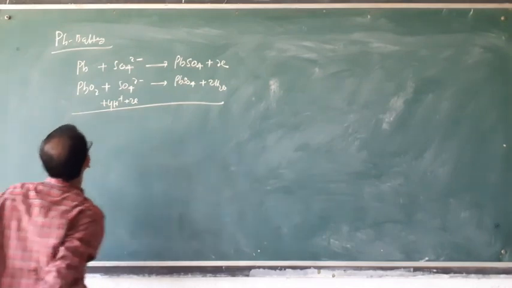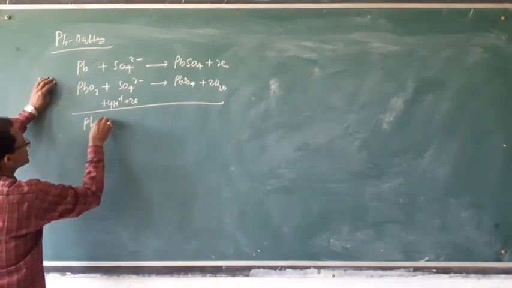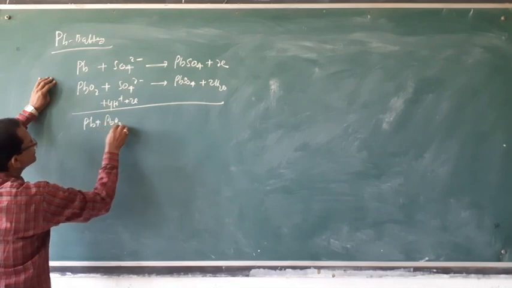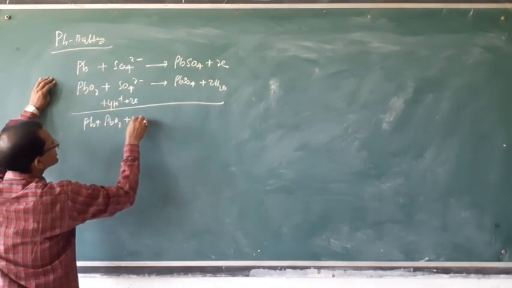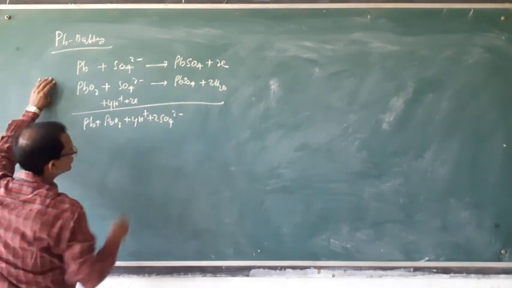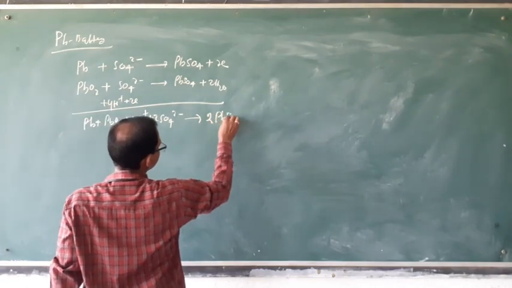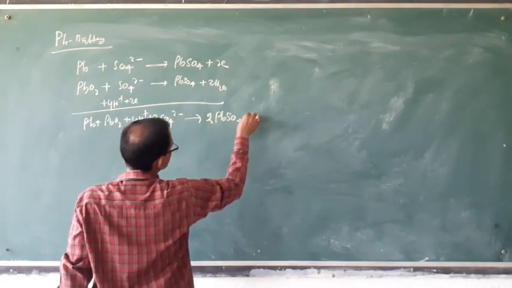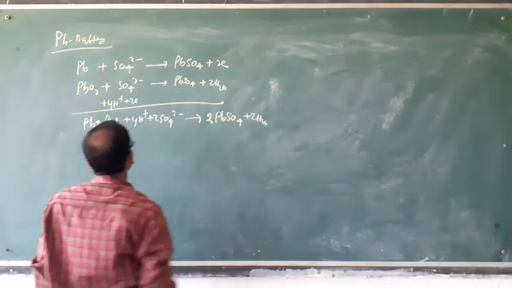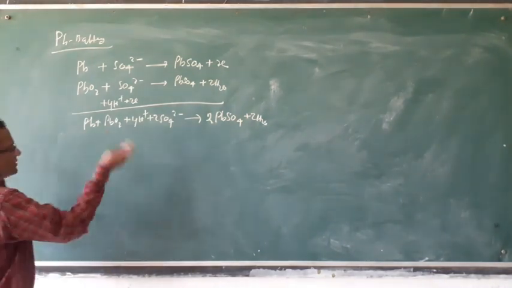Then you add, the result is Pb plus PbO2 in presence of 4H plus and 2 sulfate ions converts to 2 PbSO4 plus 2 water. This cell can be recharged. So the recharge reaction is the reverse.